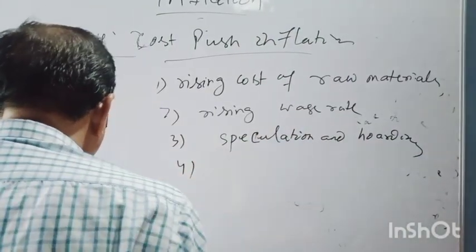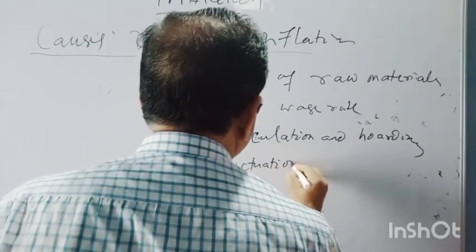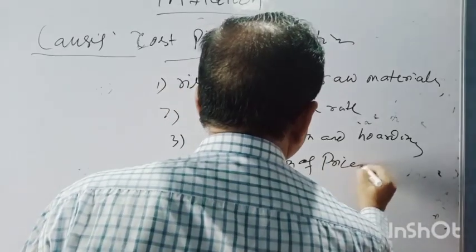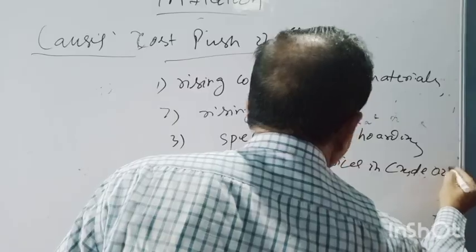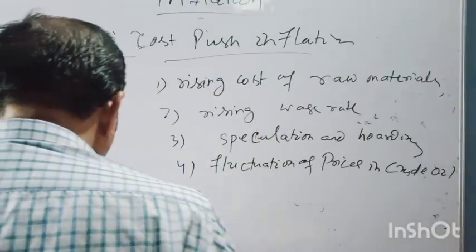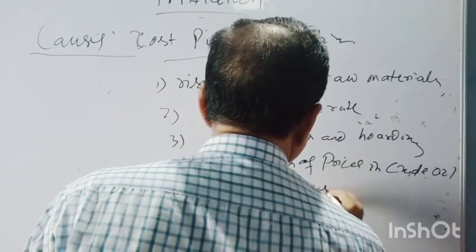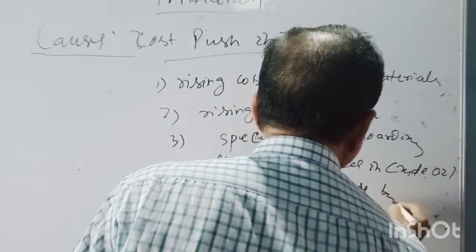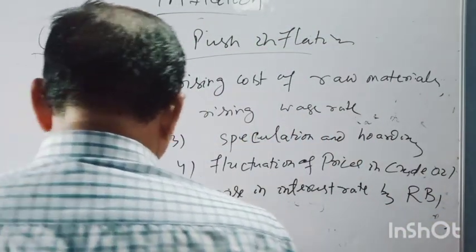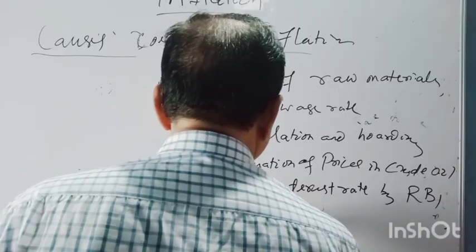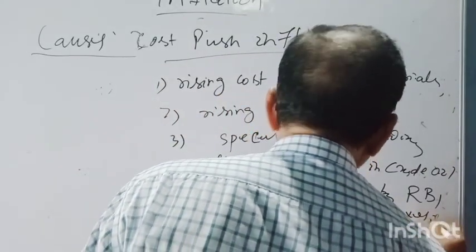Fourth one is fluctuation of prices in crude oil. Fifth one is rise in interest rate by RBI. Sixth one is rise in indirect taxes.